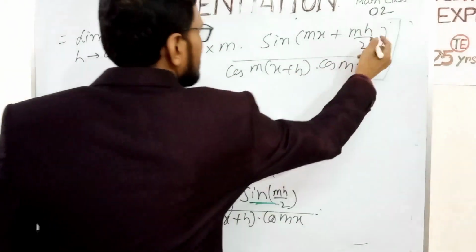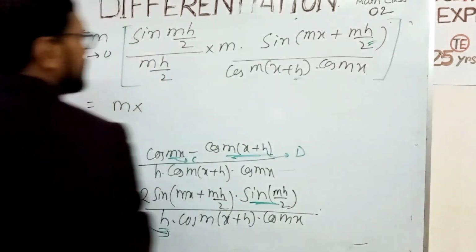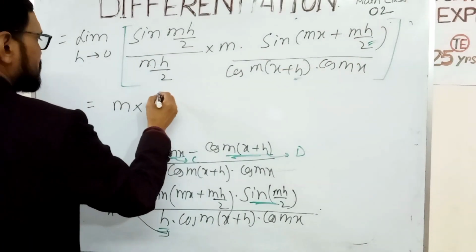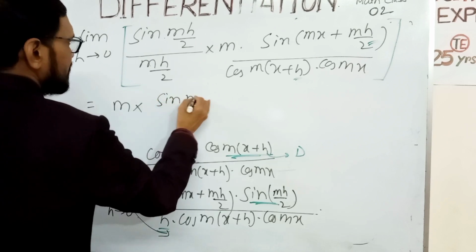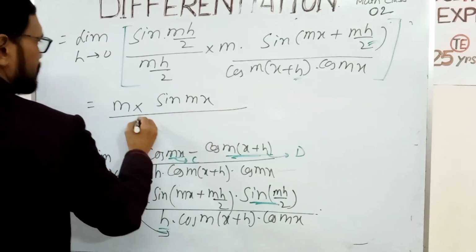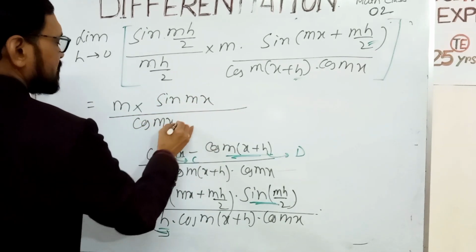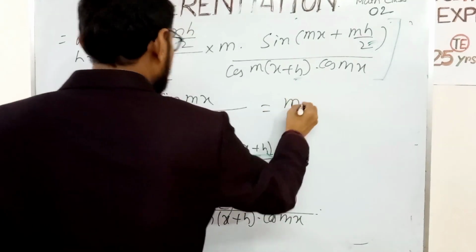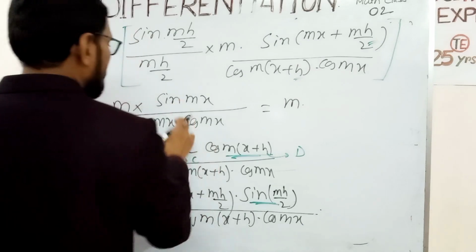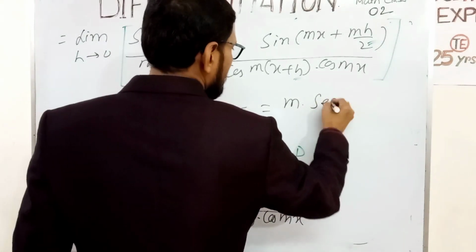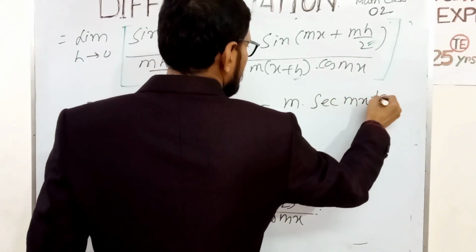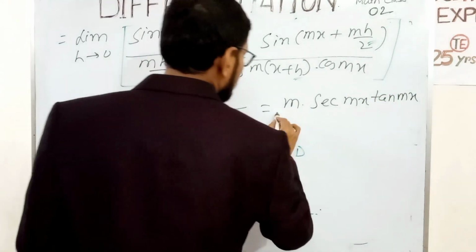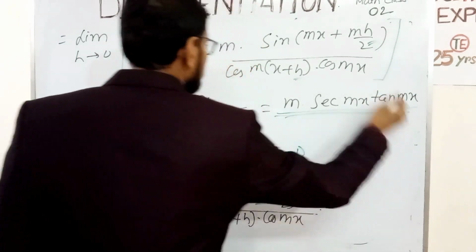So the result becomes sin mx by cos mx into cos mx. So the result is m sin by cos, tan, 1 by cos, sec: m sec mx tan mx. This is the result.